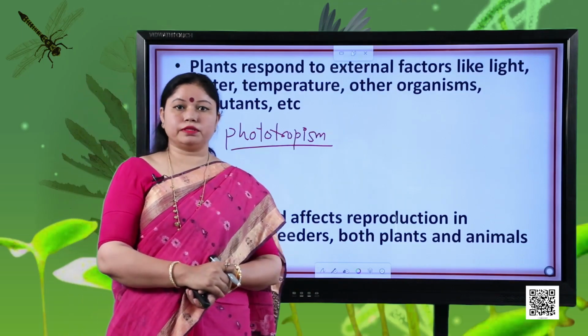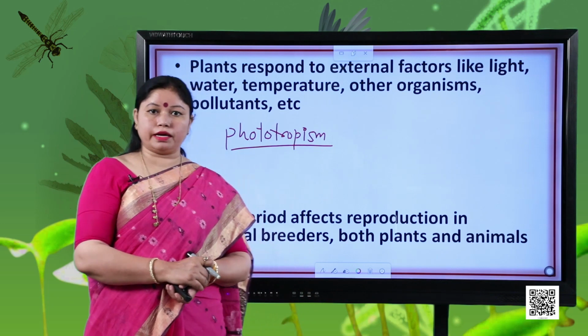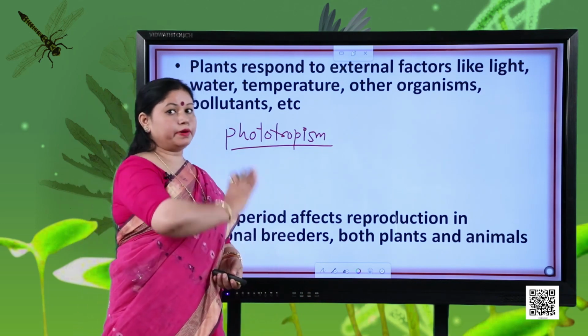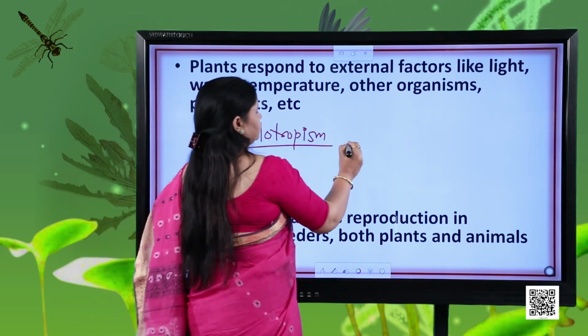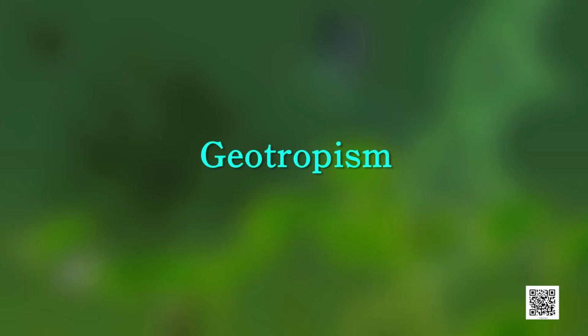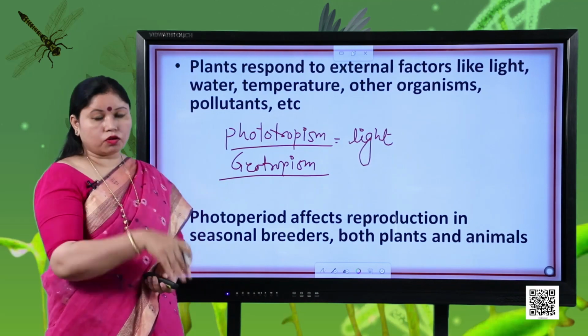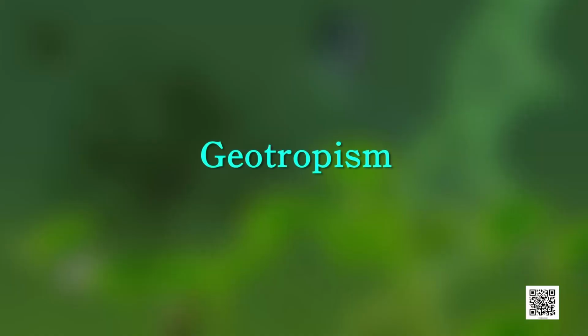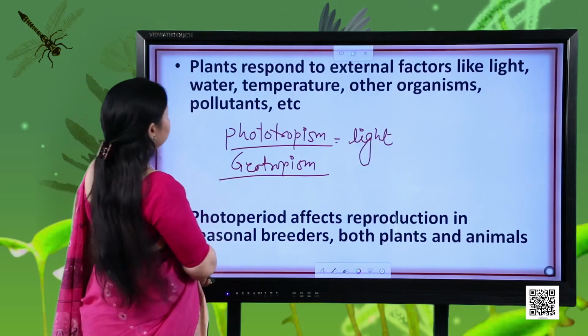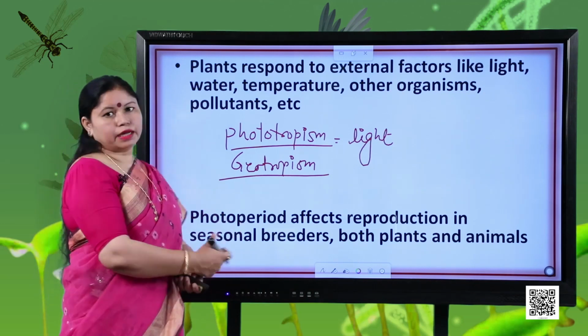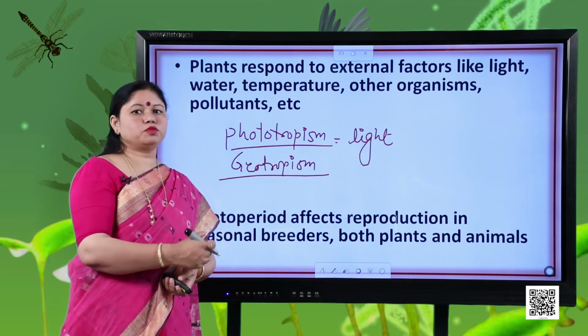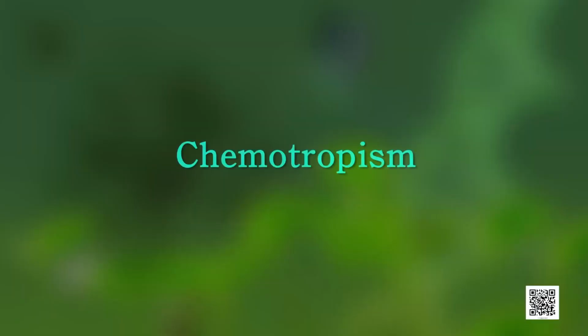Phototropism is the response of the plant when the stem bends towards the light. Geotropism, you remember? Roots going down in the soil due to gravity. Okay. Then temperature. Similarly, plants show response to various other stimuli like chemotropism.